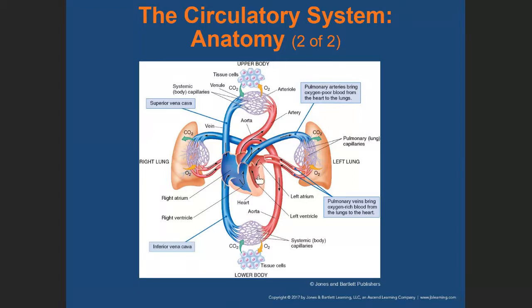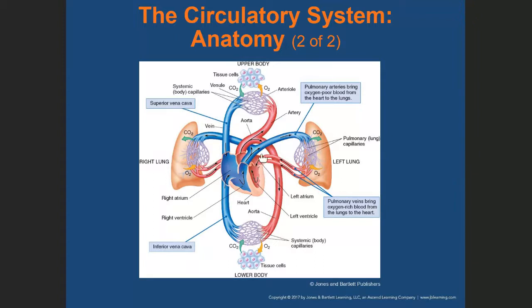Now, if the left ventricle is damaged because of a myocardial infarction or heart attack, you're going to get a build-up of pressure in the left ventricle, right?